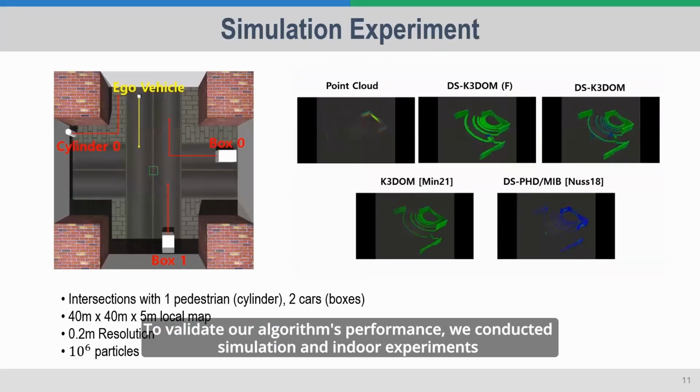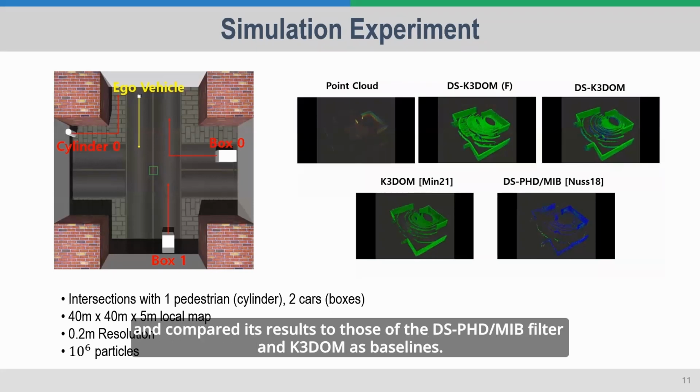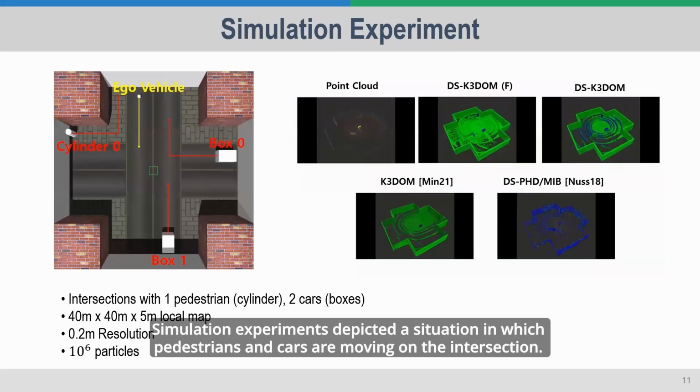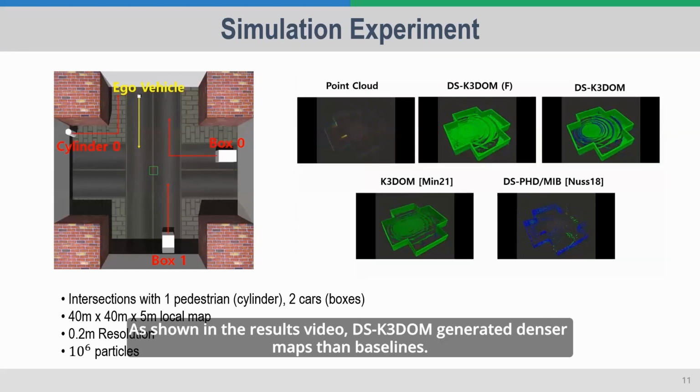To validate our algorithm's performance, we conducted simulation and indoor experiments and compared its results to those of the DSPHD-MIB filter and K3-DOM as baselines. Simulation experiments depicted a situation in which pedestrians and cars are moving at an intersection. As shown in the result video, DSK3-DOM generated denser maps than baselines.